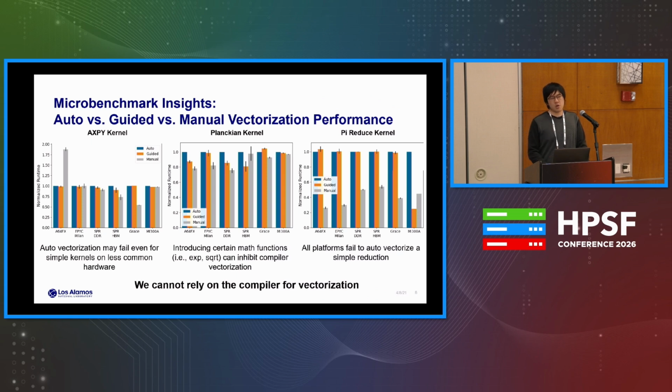But even for things as simple as AXB, or just introducing an exponential function, it breaks the compiler. I'm a bit surprised how bad the reduction is. I did not expect it to be that bad. So clearly, relying on the compiler for maximum vectorization isn't something we can just do for certain codes.